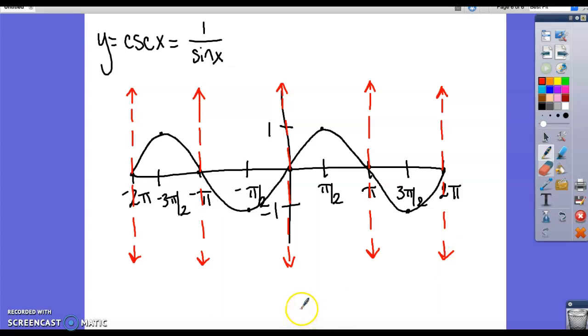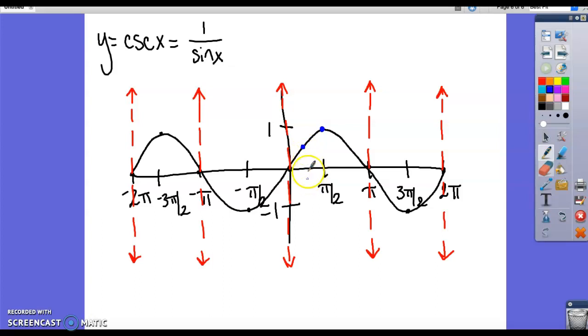Okay, so let's look now at pi over 2. At pi over 2, sine is 1, and the reciprocal of 1 is 1. So that means at pi over 2, sine and cosecant are the same. They're both 1.